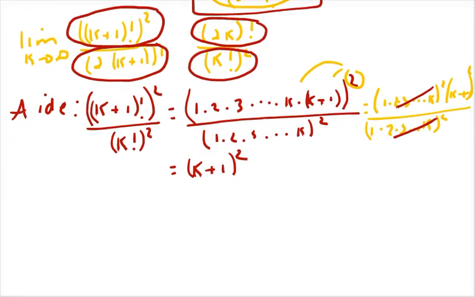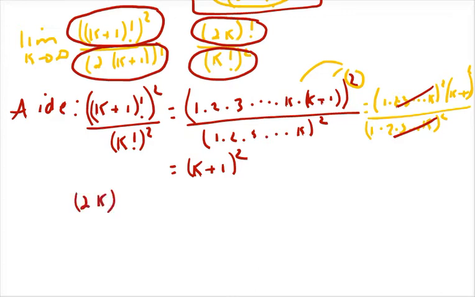Let's look at the other two pieces, the factorials of 2k and 2k plus 2. So I'm going to pull this out next and look at 2k factorial over (2k plus 2) factorial. If I work on this, the numerator, remember the factorial is taking whatever is inside.